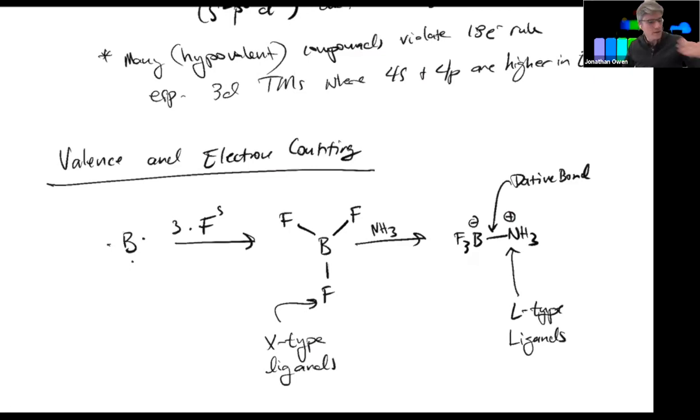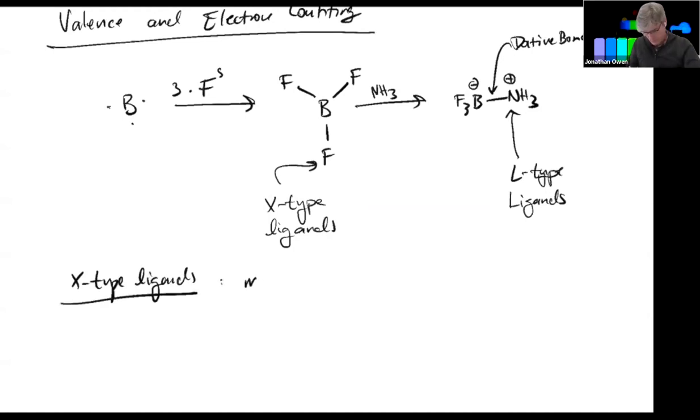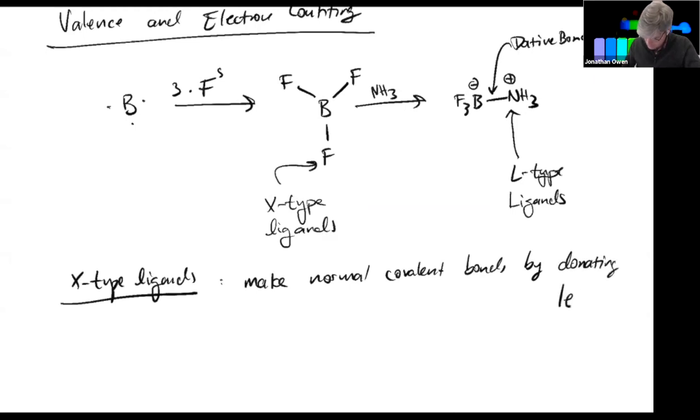An X-type ligand is a ligand that provides one. X-type ligands donate one electron.